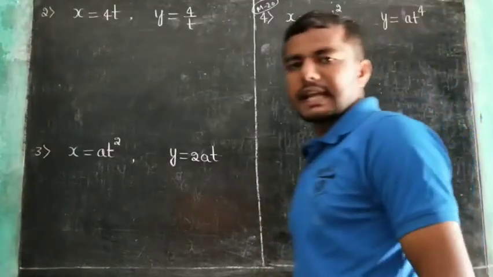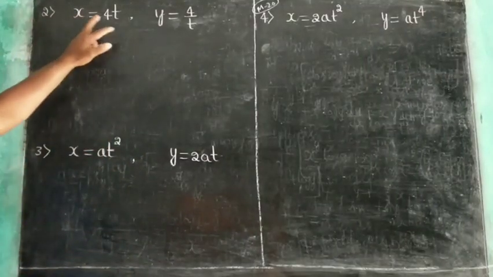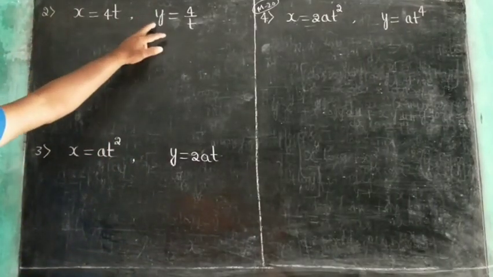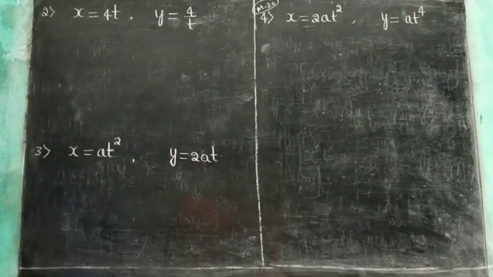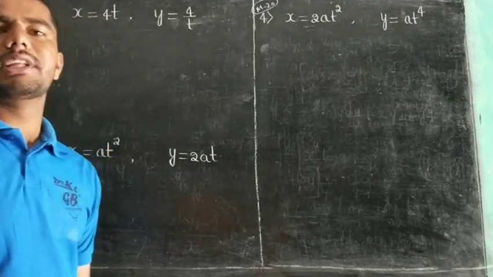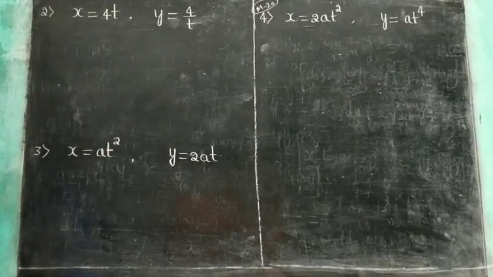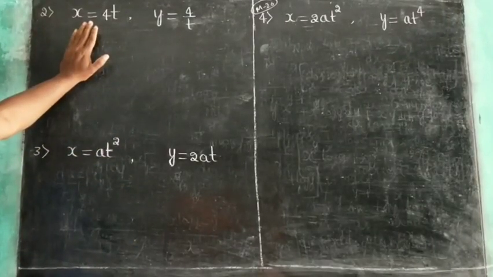Next, the second one. They are given x is equal to 4t, y is equal to 4 by t. Find dy divided by dx. In the last problem, the parametric equation had the parameter theta. In this problem, the parameter is t.